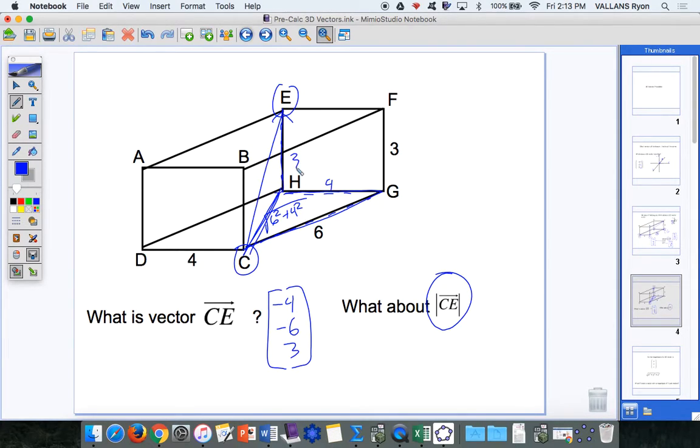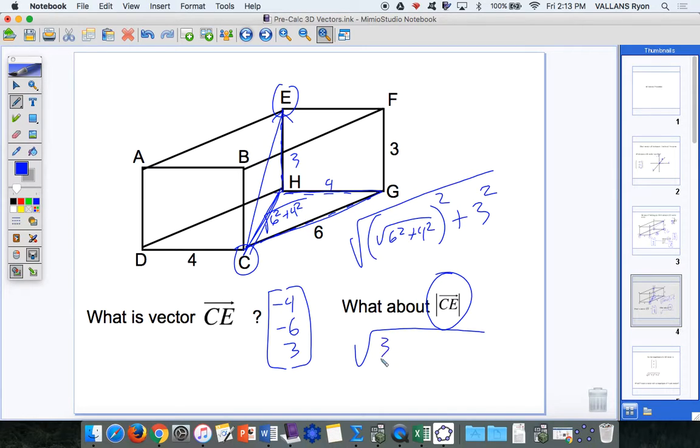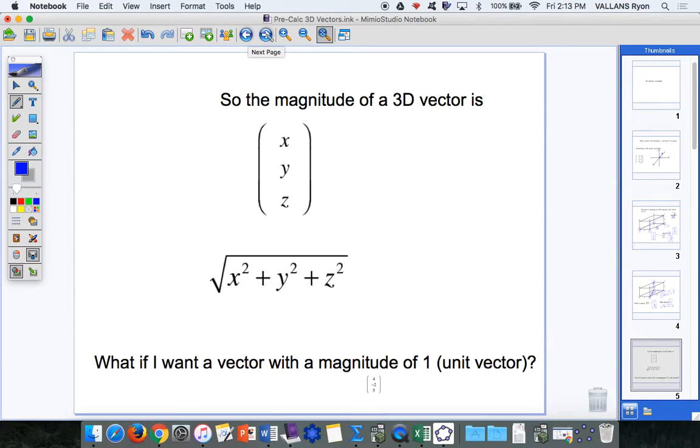So far, if I did Pythagorean again, I would do the square root of 6 squared plus 4 squared. I would square that plus 3 squared, and it's the square root of that. Okay? In other words, this is the square root of 36 plus 16 plus 9. Or, short version is, it's basically the same. It's a Pythagorean theorem just with an extra variable.